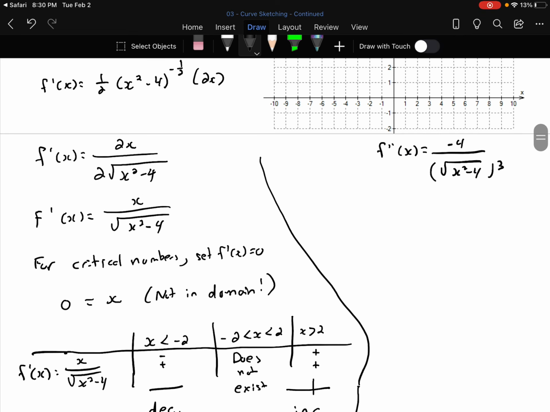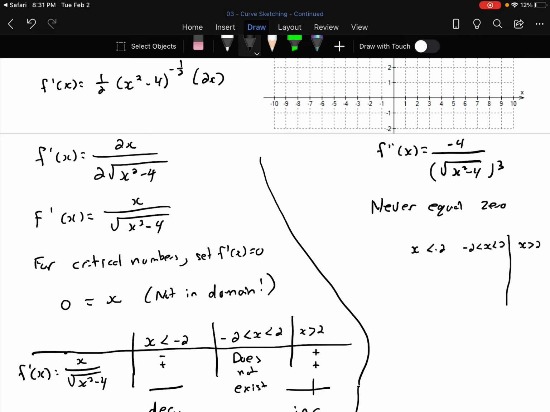So when we want to do the concavity here, we're looking for when does this double derivative come out to be 0. And since the numerator is negative 4, this is never equal 0. So we're right back to that same chart we built before. X less than negative 2, between negative 2 and 2, and x greater than 2.